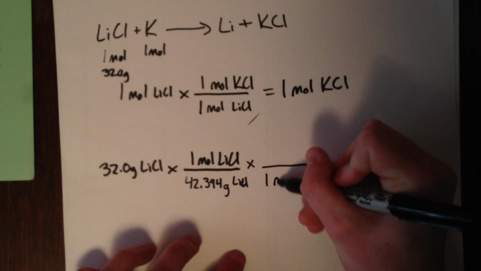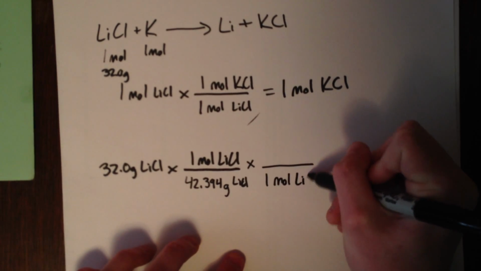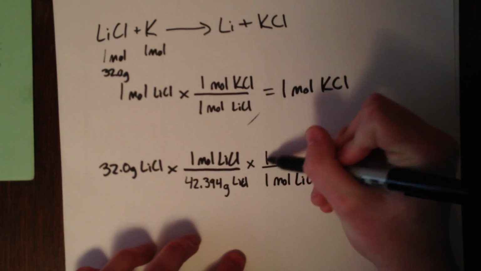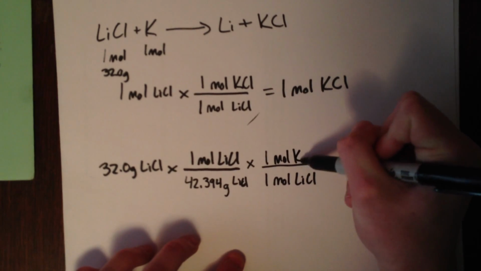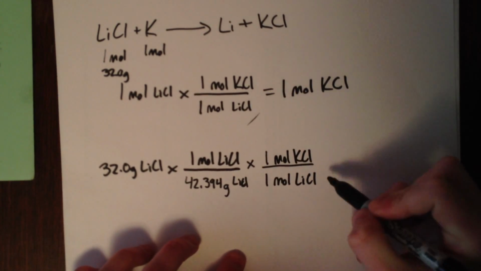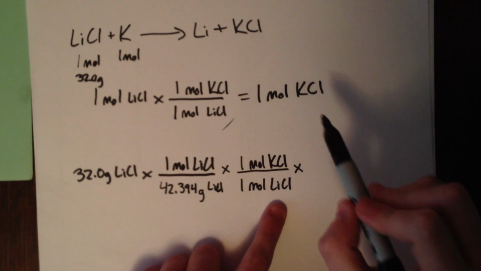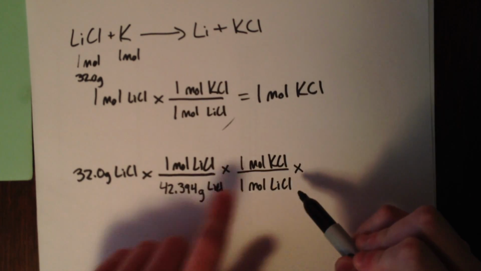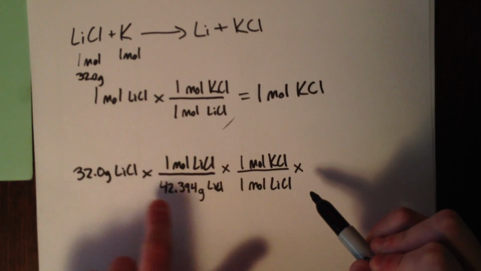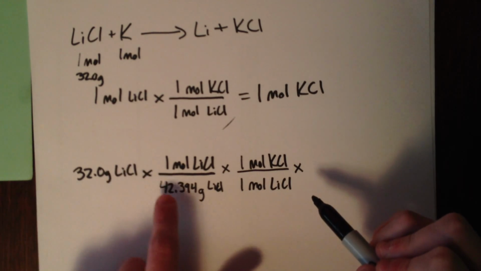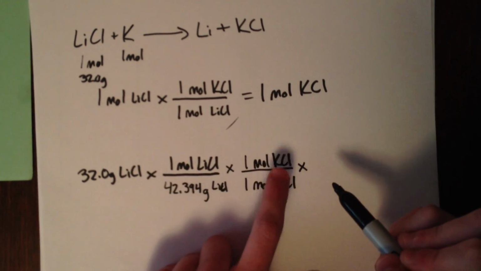So we would have 1 mole of lithium chloride, 1 mole of potassium chloride. See, I didn't mess it up that time. And for this next part, we need to convert whatever we got from this, multiplying or dividing 32 by that, and then multiplying it by the 1 we get here.